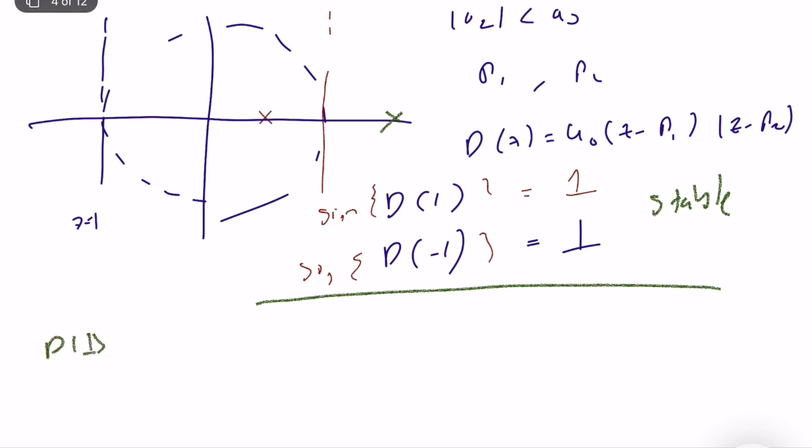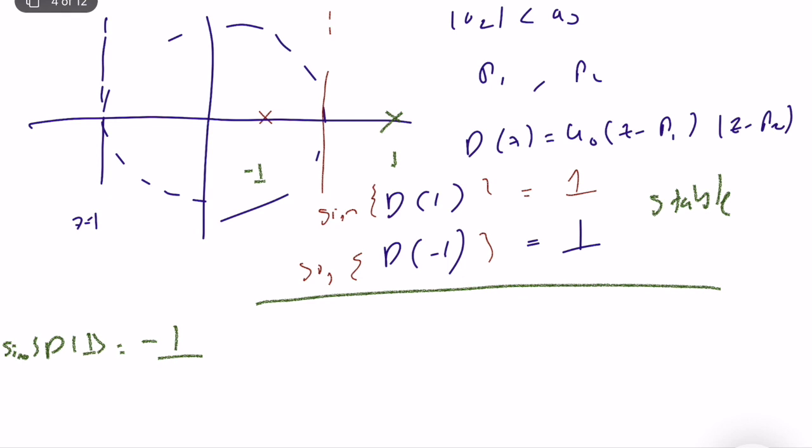The first pole is on the left hand side, so we will have a minus 1. This will give a minus 1, and this will be positive. 1 times minus 1 times 1 is equal to minus 1. So now we have a sign, it's minus 1.